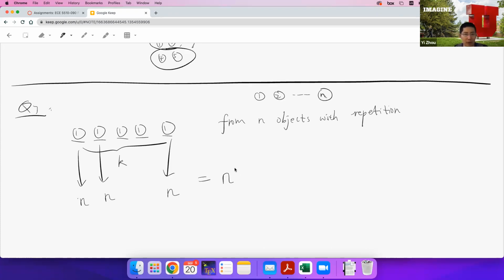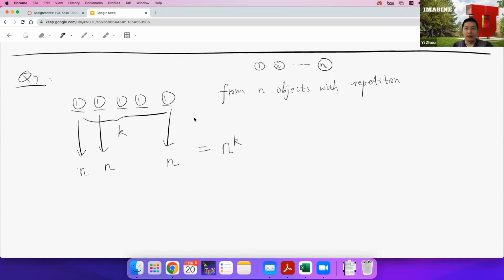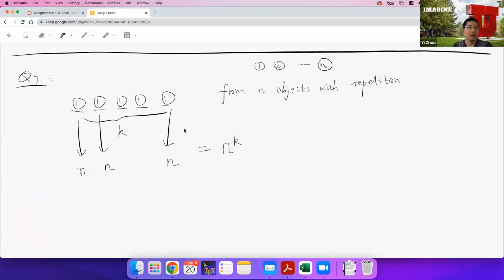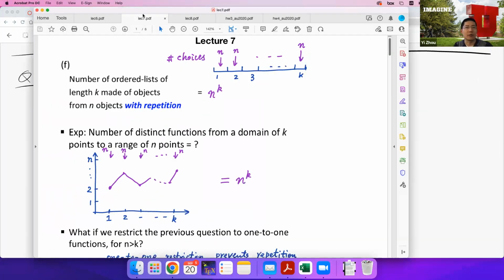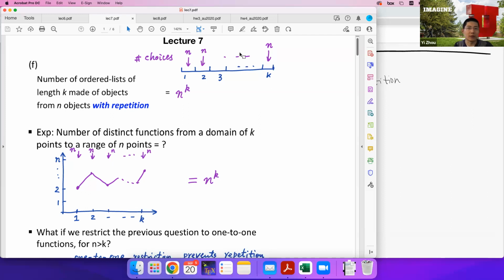So you have n to the power of k different ordered lists. I didn't print out lecture 7, but we can refer to the notes here. This is the problem we just talked about, n to the power of k.